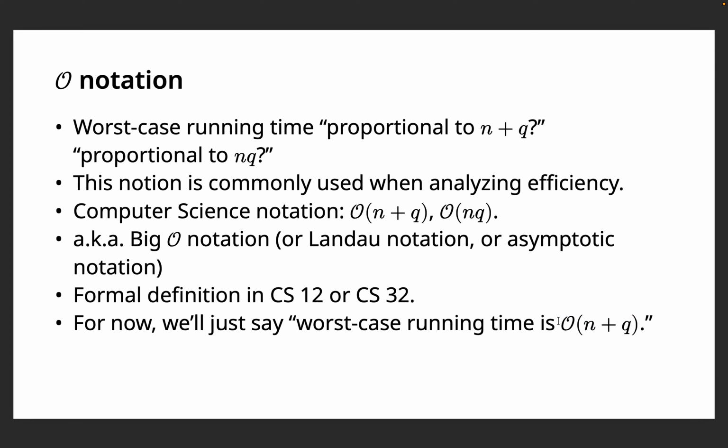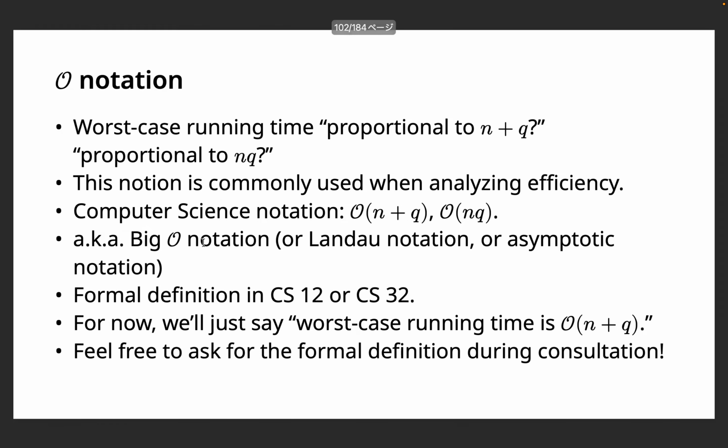Here, for the subarray sums, our solution has a running time that's big O of n plus q. This is usually how we describe efficiency in computer science. If you want to know the formal definition, feel free to ask us.